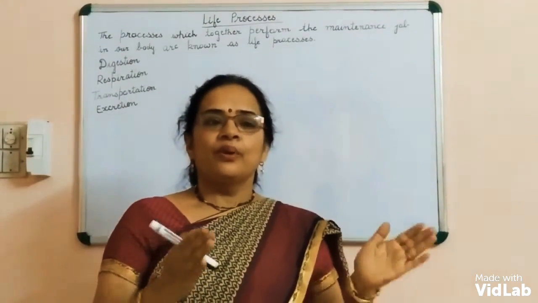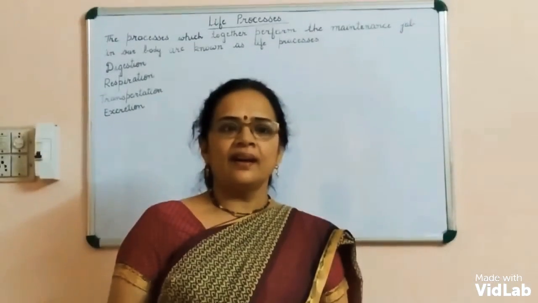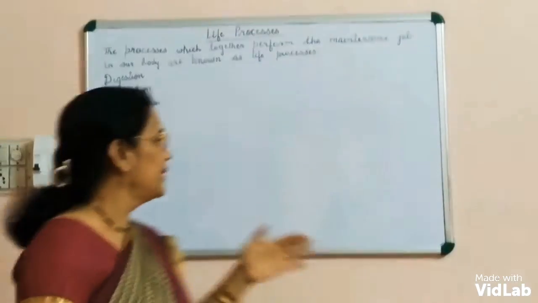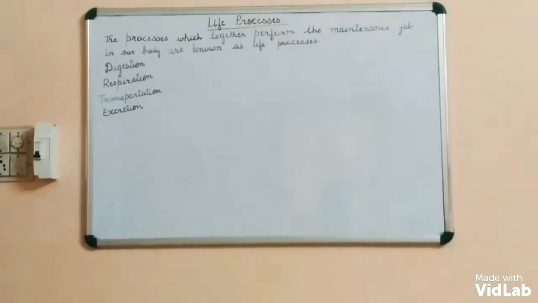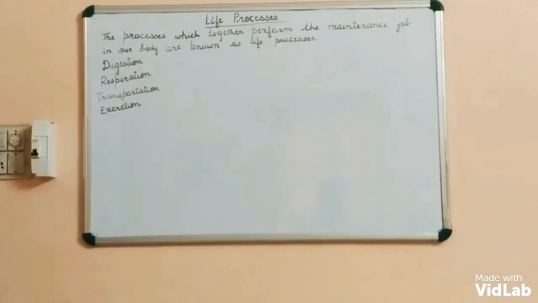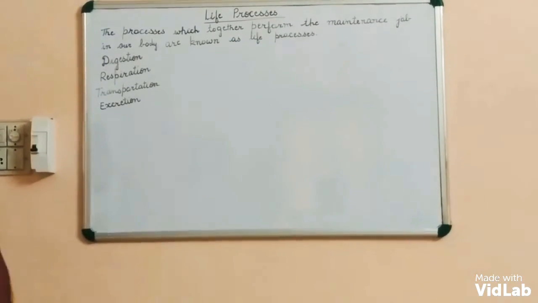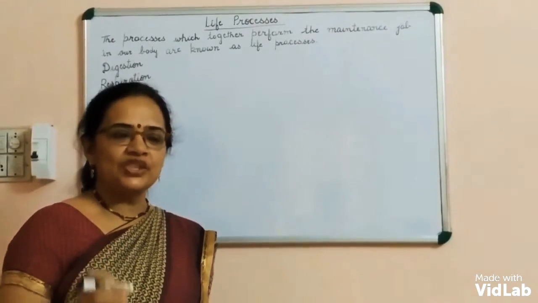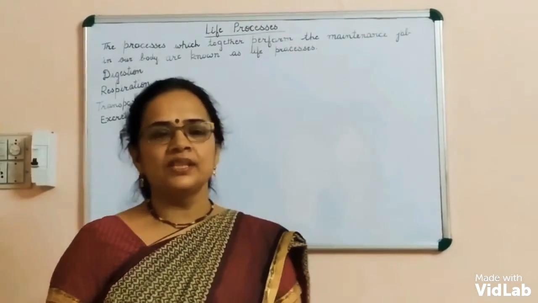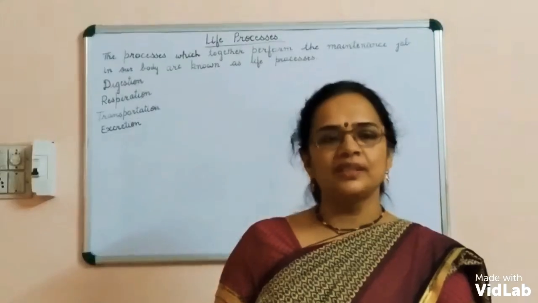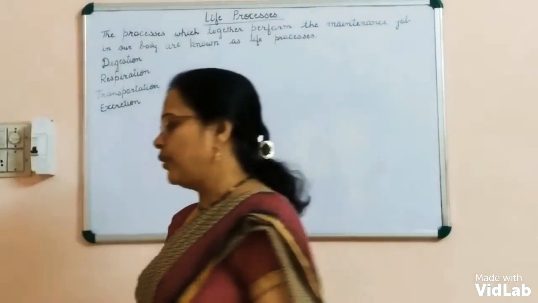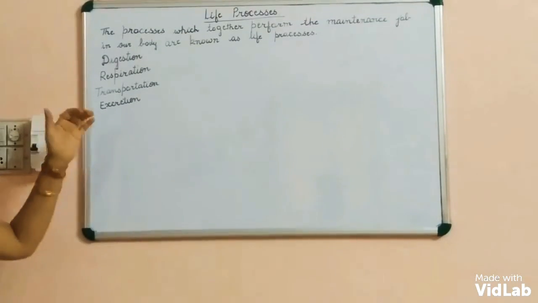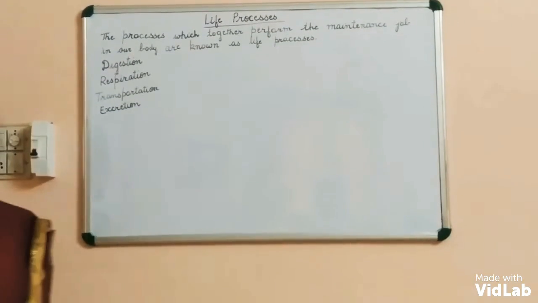Because many chemical reactions occur in our body, many nitrogenous wastes are produced. They are excreted out by the process of excretion. So excretion is the process in which the harmful nitrogenous wastes are excreted out from our body. These are the main or essential life processes.